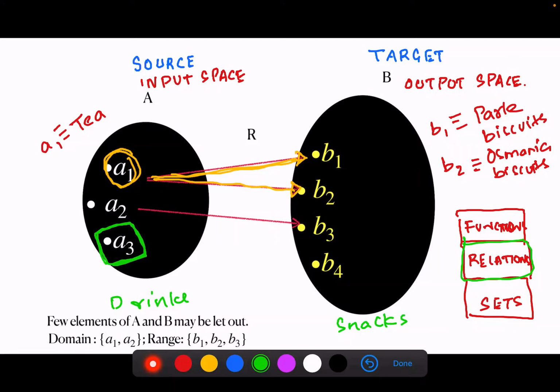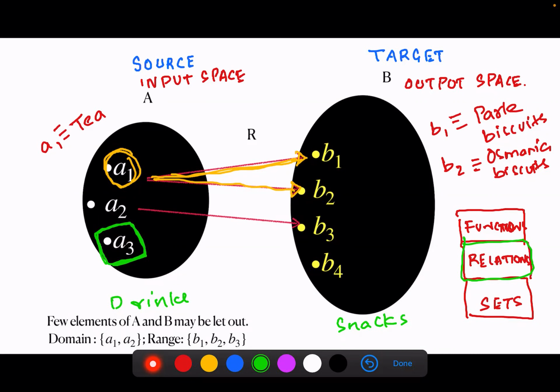So if you think of set A as the source set, or the beginning set, you're actually starting from there, and then you're connecting the elements in set A to elements in set B. There are elements which are left out, not connected, so they're not relating. Maybe A3 is like Karela juice. Maybe no snack item goes with Karela juice, or maybe I don't like Karela juice.